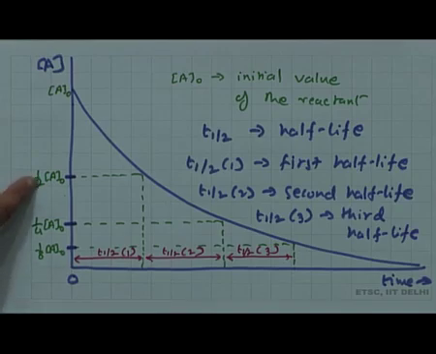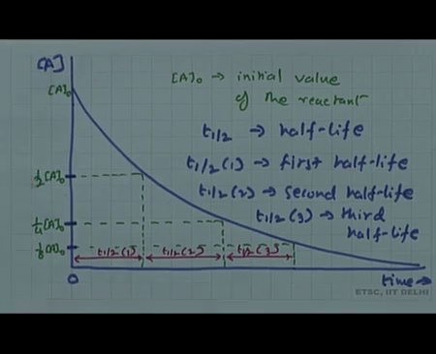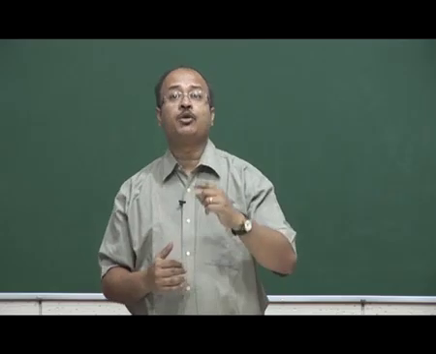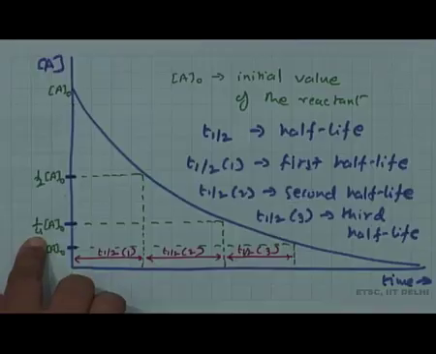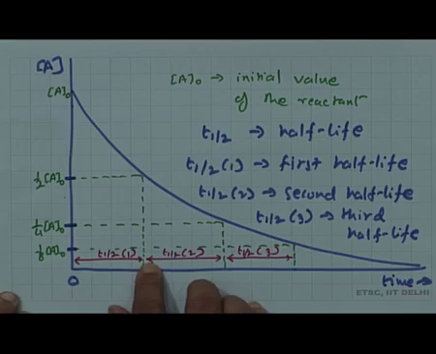Now, when I go from half A naught to half of that, so if now half A naught is my initial concentration, and then I am going to half of that, which is 1/4 A naught, then the time taken for that is T half 2. So, it is my second half life.